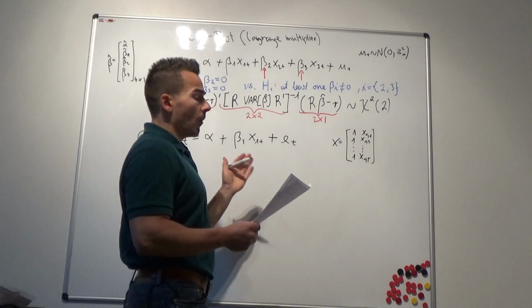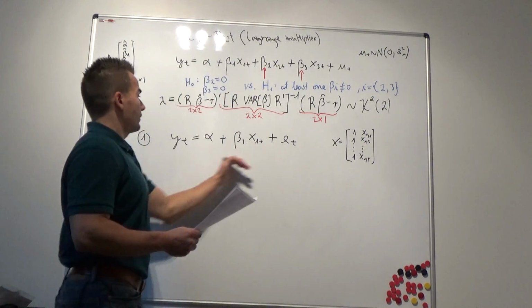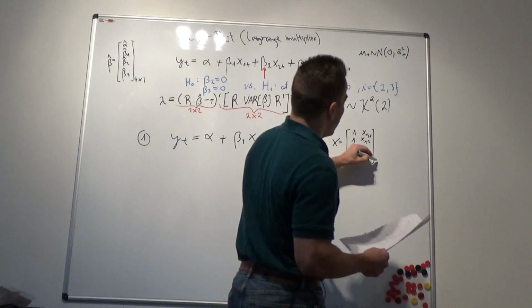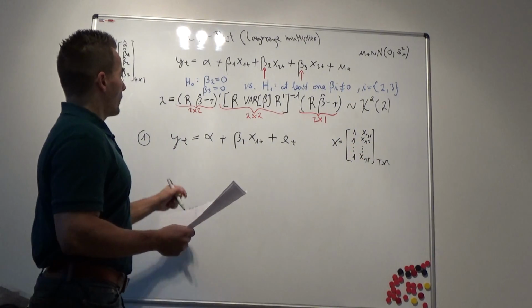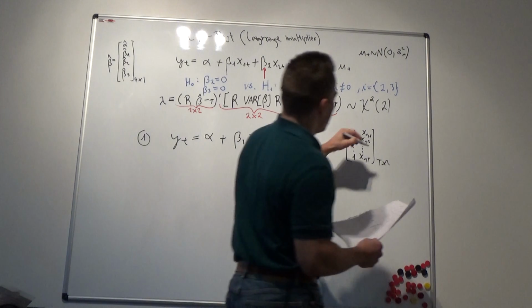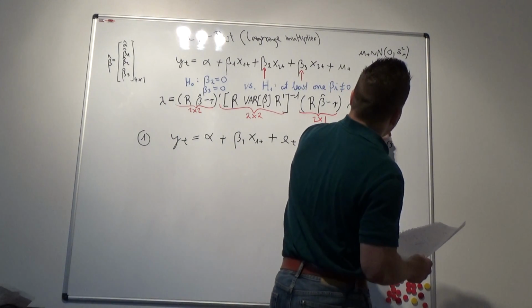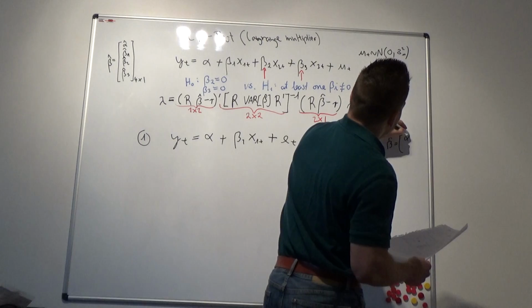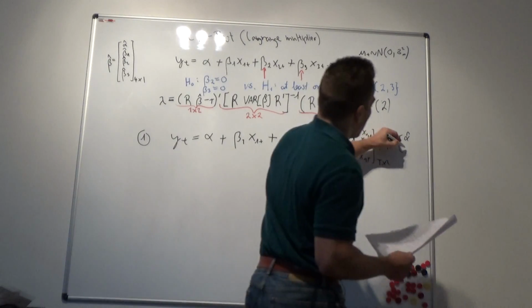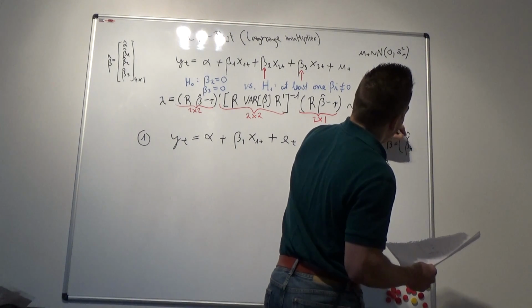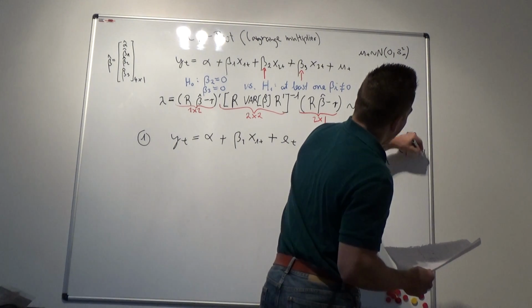So our X matrix in this model has the dimension T by 2. Our parameter vector beta hat is a 2 by 1 vector which has the alpha and the beta 1 of this equation. Very simple.